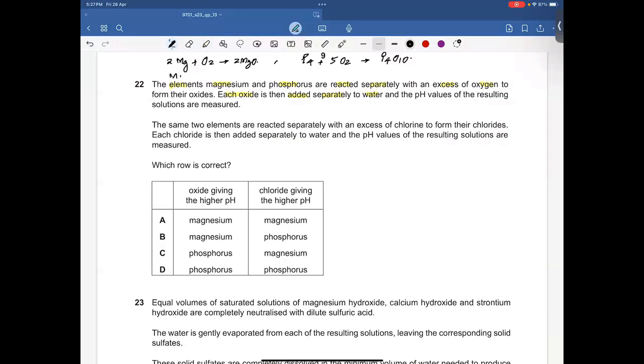When magnesium oxide is added to water, it's going to be converted into magnesium hydroxide, which is a weak alkaline solution and it has a pH of 9. When P4O10 is placed in water, it's going to be converted into H3PO4.